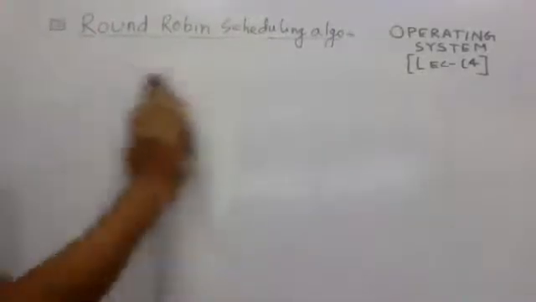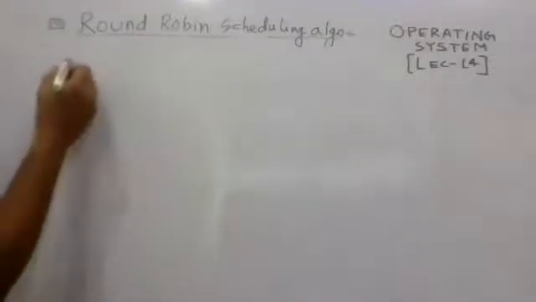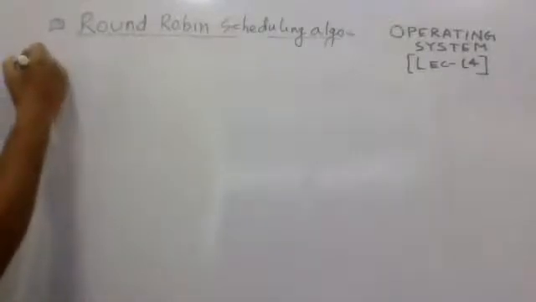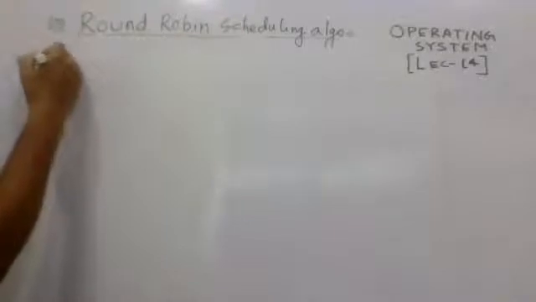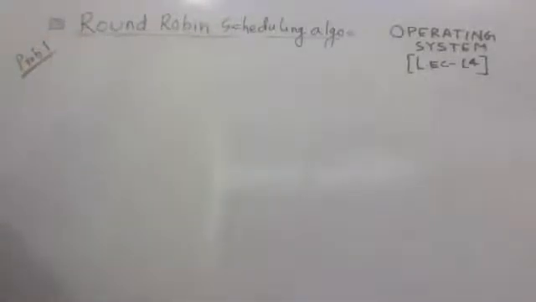Now see problem 1 on round robin algorithm. The first problem is a very simple problem.